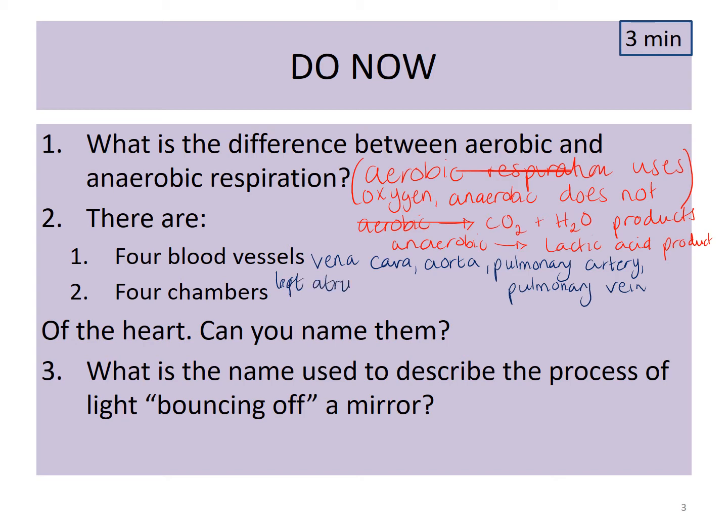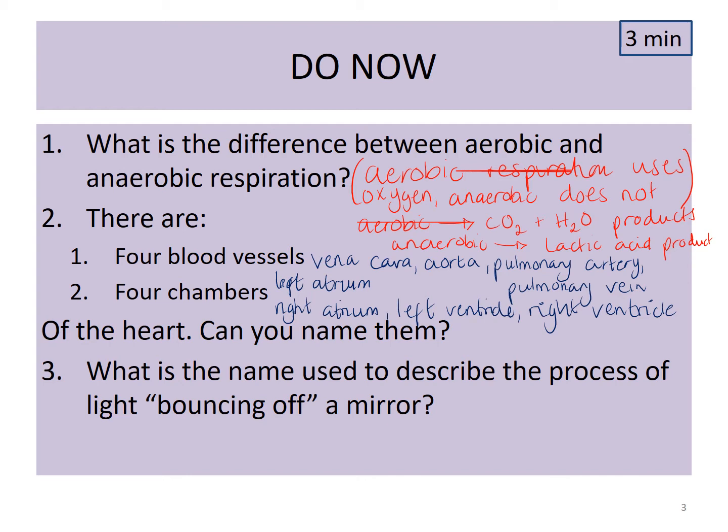We've got the left atrium, the right atrium, the left ventricle, and the right ventricle. Well done if you got those ones correct. So your 4 chambers of the heart: the left atrium, the right atrium, the left ventricle, and the right ventricle.